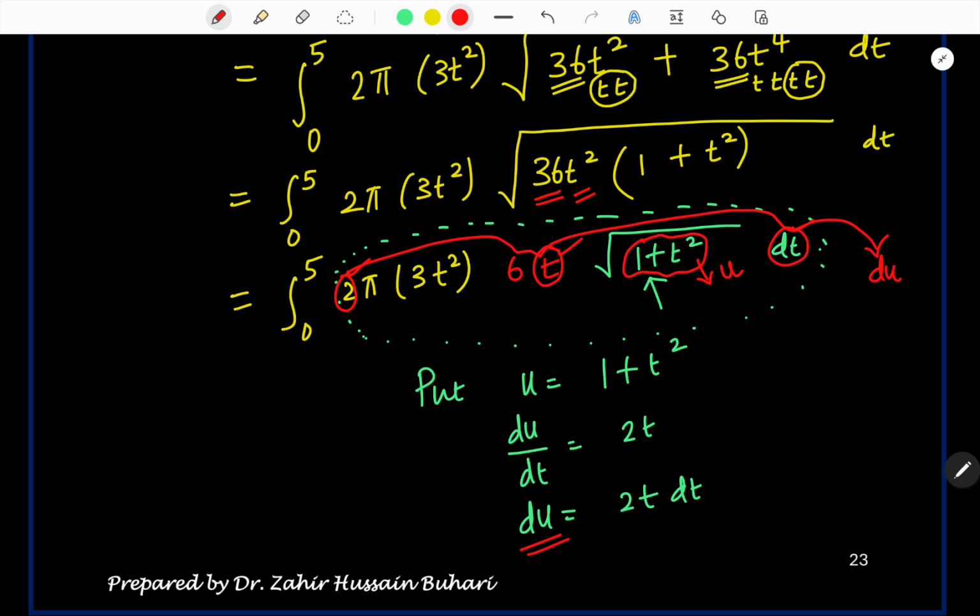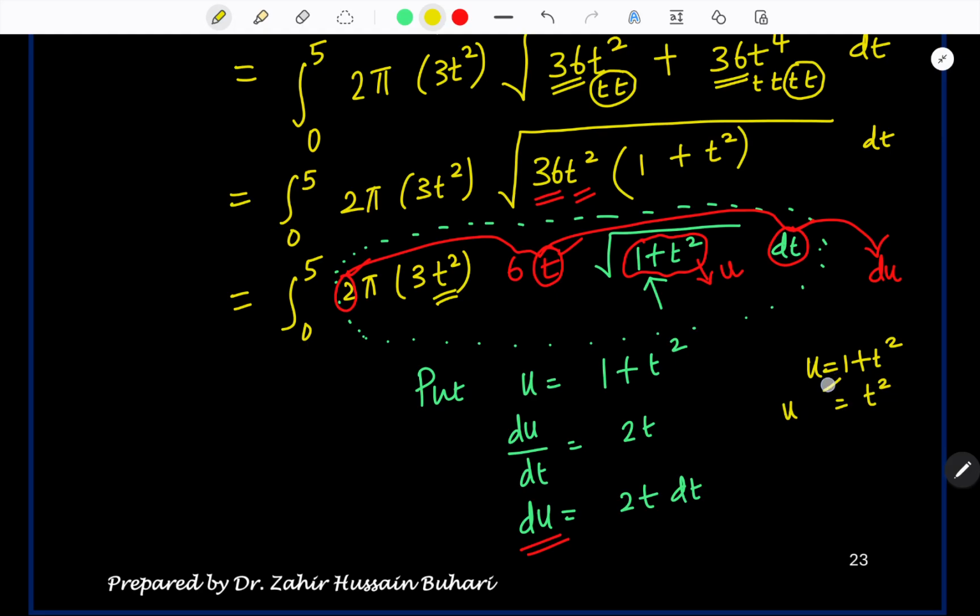This is finished. Now still the remaining t is available. See here, t is gone. The remaining is what? t square is available. So I need to get t square from this equation. So u equals 1 plus t square, right? So what does t square equal?